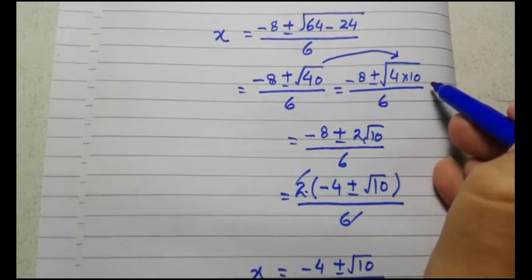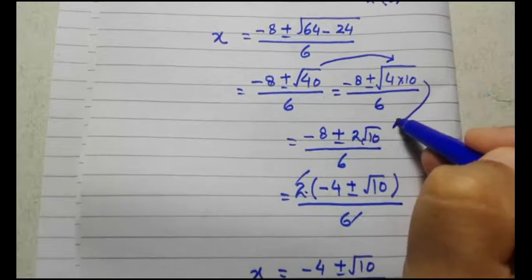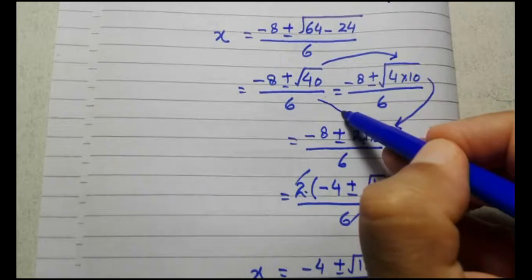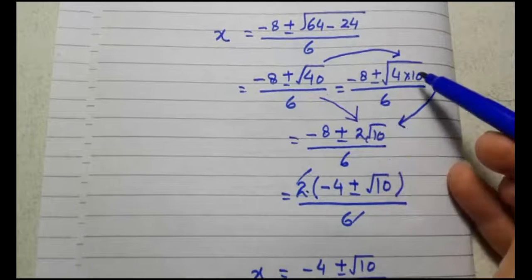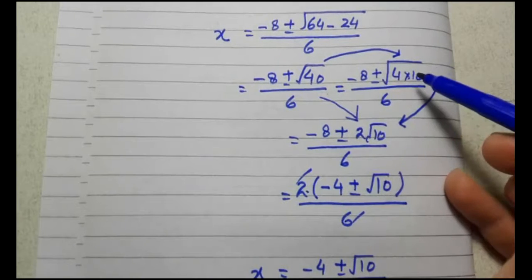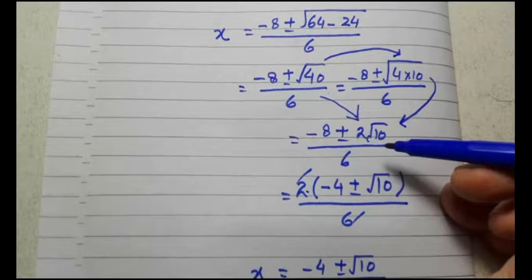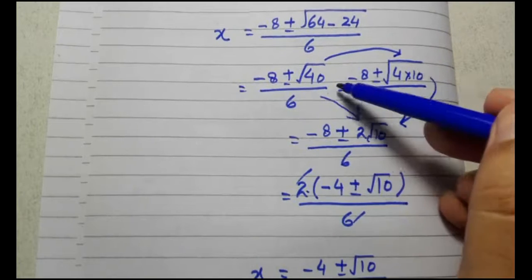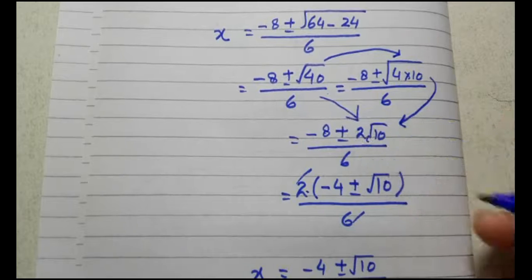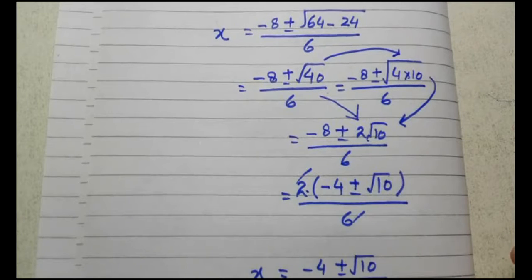If you don't want to use a calculator, you can come through this way. If you want to use a calculator, you can come this way. Both are correct, but this is the theoretical procedure of converting root 40 into 2 times under root 10. So I suggest that you learn this method, though you can use the calculator and there is nothing wrong in solving root 40 directly as 2 times root 10.